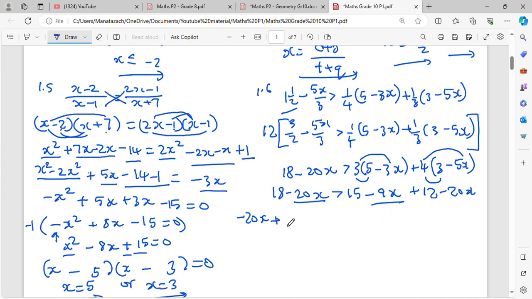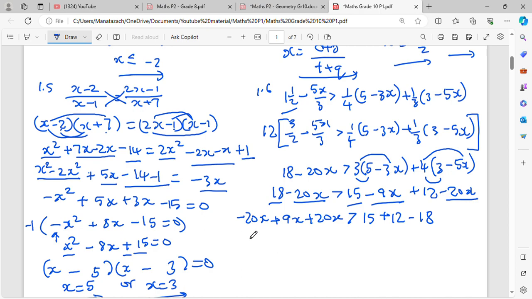Then we'll take 9x as positive to the left hand side, and then minus 20x will be positive 20x. And then on the right hand side, we're just going to leave the numbers, which is 15 plus 12. Only 18 will come on the right as negative.